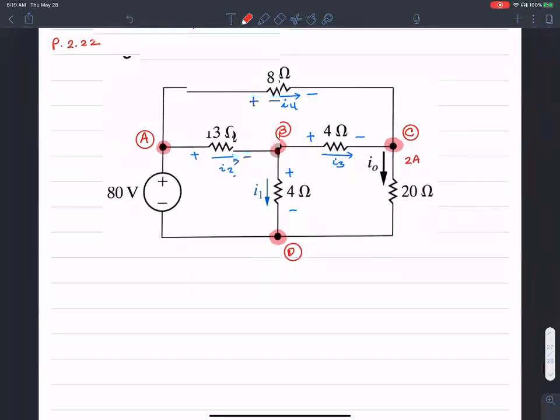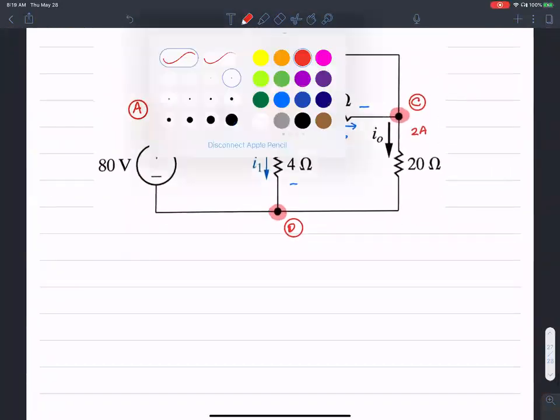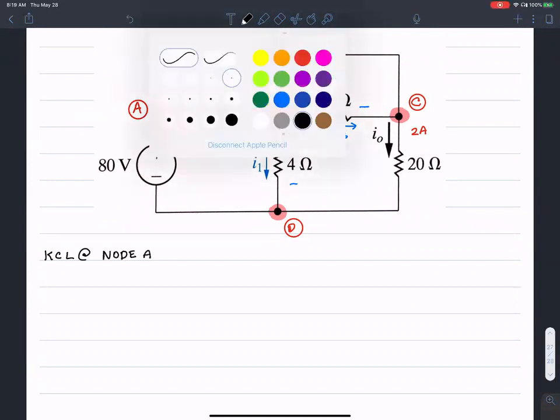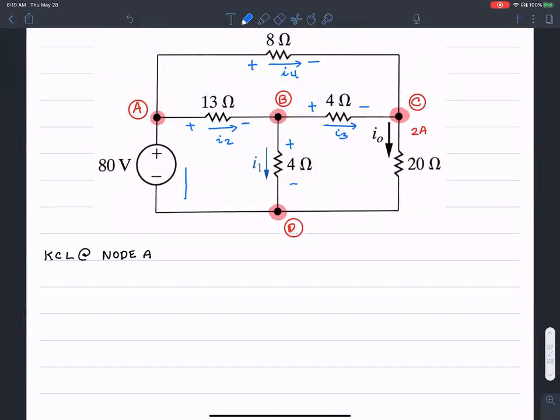The first thing I'm going to do is set up KCL at different nodes. I begin by setting up KCL at node A. I forgot to call this one I source, or I total.